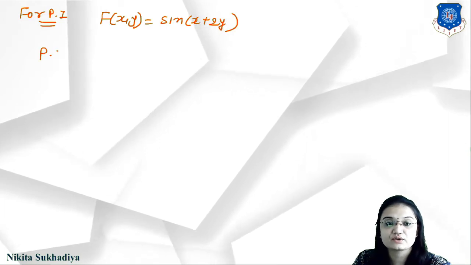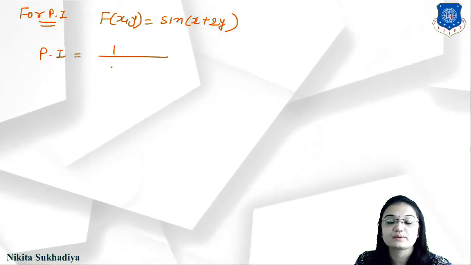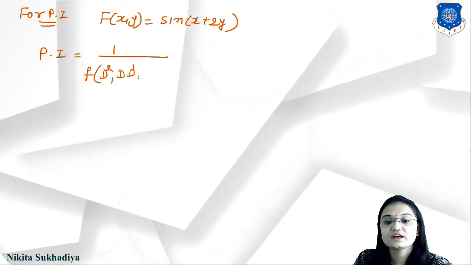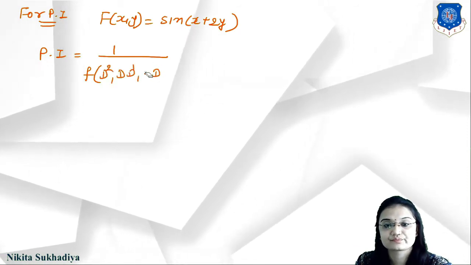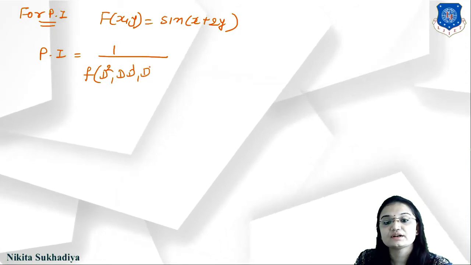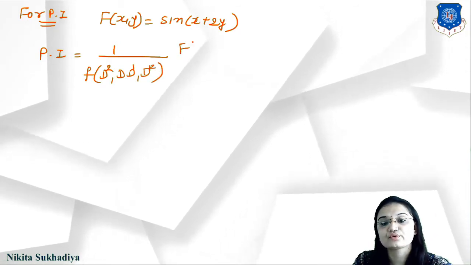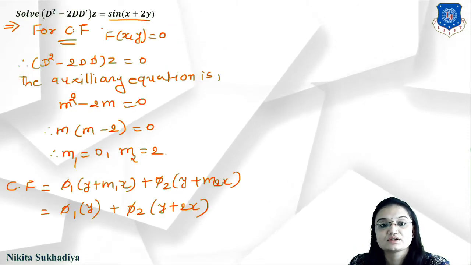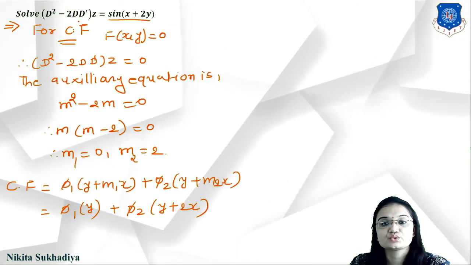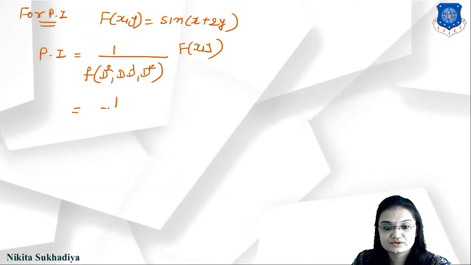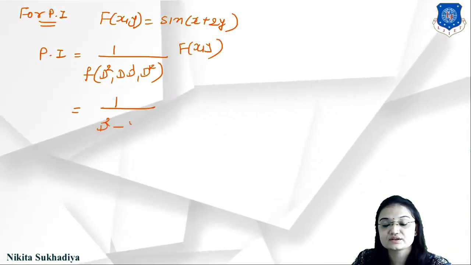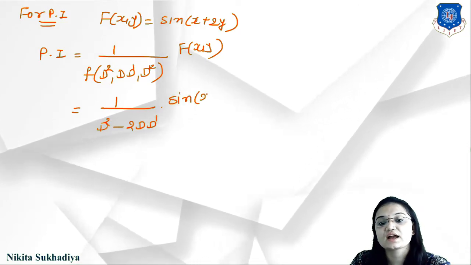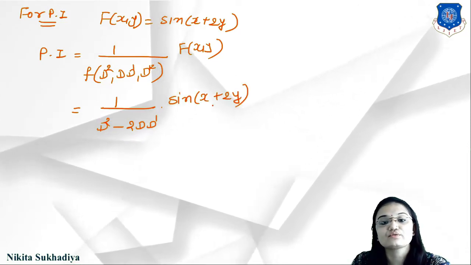So for the particular integral here we have 1 upon f of D, D dash, into f of x,y. Here this one is D square minus 2DD dash. So this is 1 upon (D square minus 2DD dash) into sin(x plus 2y), that is our f of x,y.